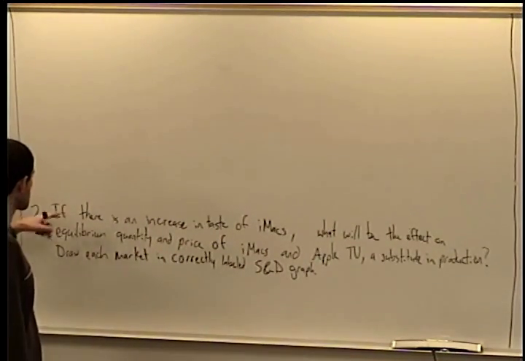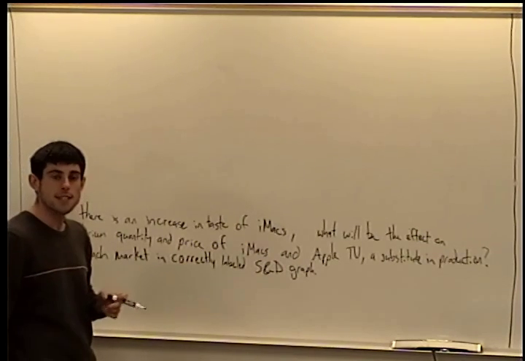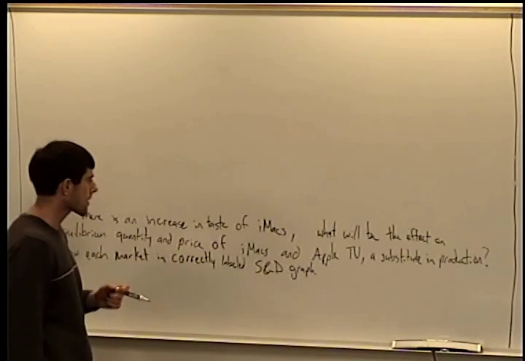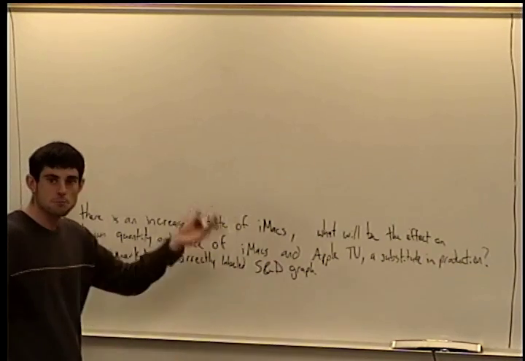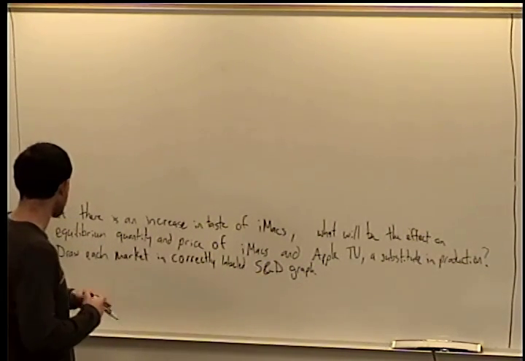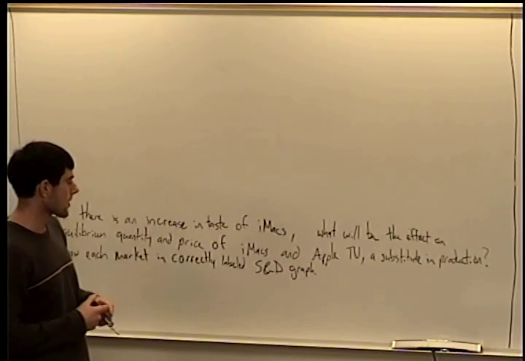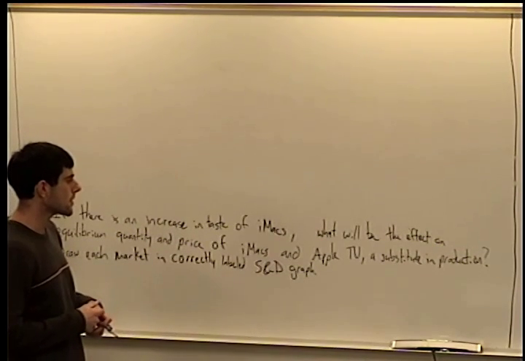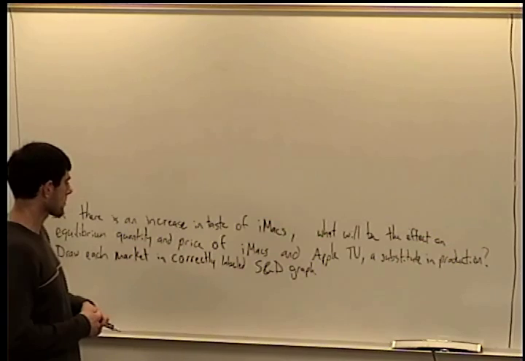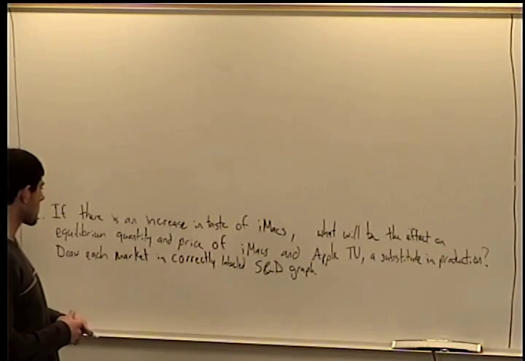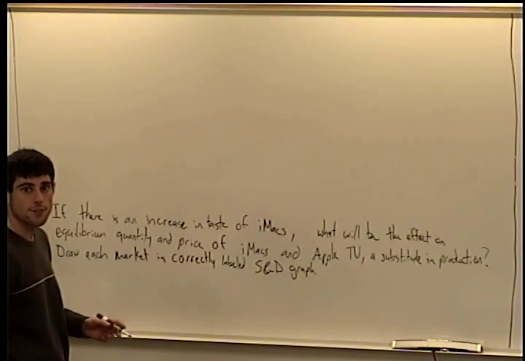So question 2, if there's an increase in the taste of iMacs, so consumers prefer iMacs instead of PCs, what will be the effect on the equilibrium quantity and price of iMacs and Apple TV, a substitute in production? Okay, and I want each market drawn in a correctly labeled supply and demand graph.